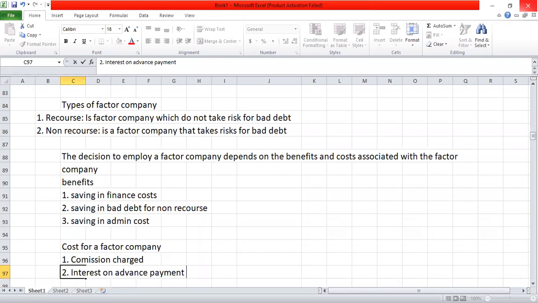On that money they pay you, there is an interest they charge. So compare the benefits and look at the costs, and then you can be able to make a decision whether to employ a company or not employing a company.